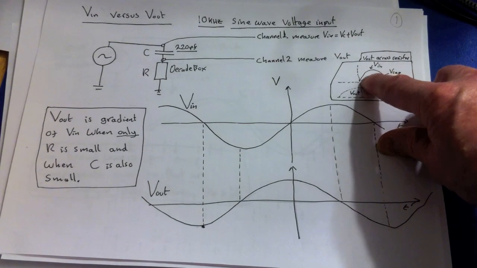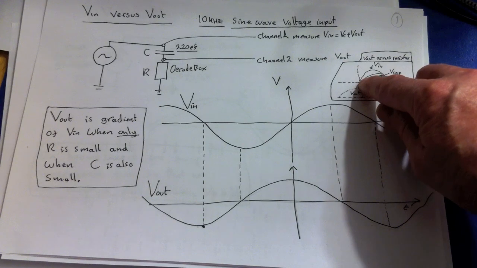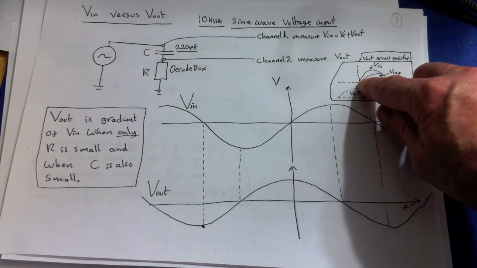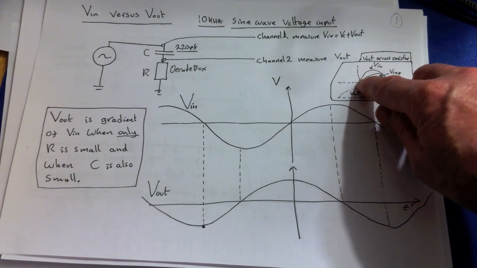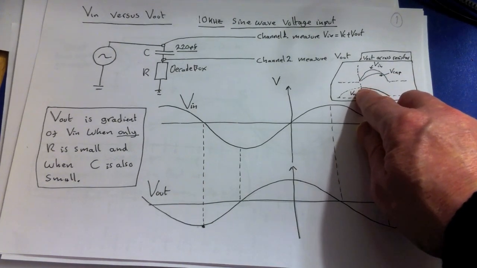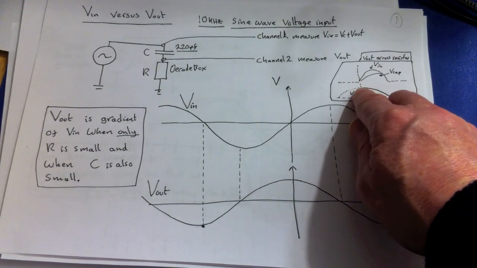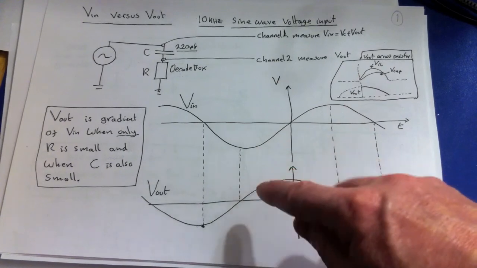Although you won't see that on the scope, I'm just drawing it here to give you an idea. Here you can see initially the capacitor is 0 and it comes out of the gate quite fast, but because it's 0, all the voltage is dropped across the resistor. So again, we get the maximum value here, which is also shown here.